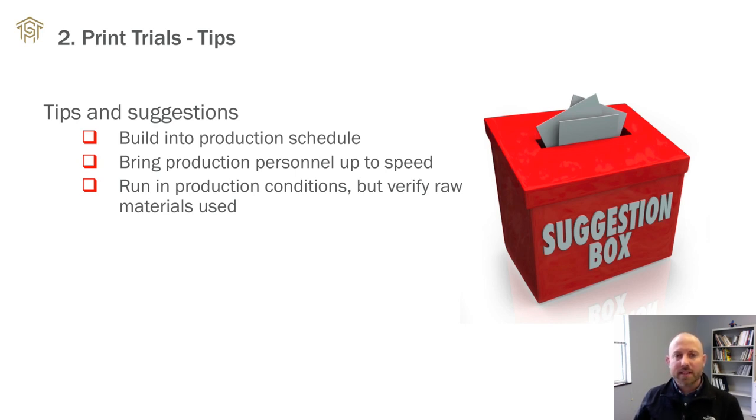What you don't want to do is say, we're going to run this really important print trial, so we got people coming in from Sun Chemical, we got people coming in from Harper, XYZ. Let's go clean everything. Let's make sure that the press is pristine.